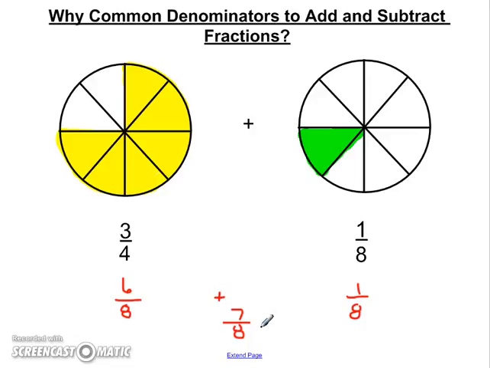So in essence, that's what we're doing when we're doing our common denominators: we are taking our pizzas and breaking them up into the same size slices. Now in some cases, you may only have to manipulate one of your pizzas like I did here, but in other cases, we may be manipulating both pizzas so that each of the pizzas are cut into the same size slices.